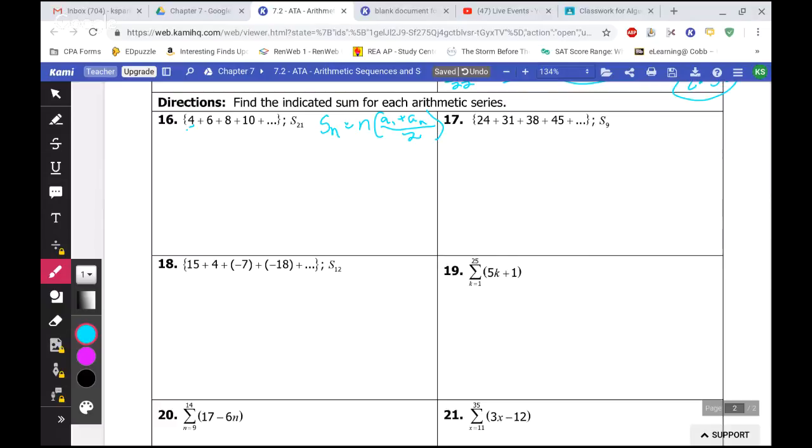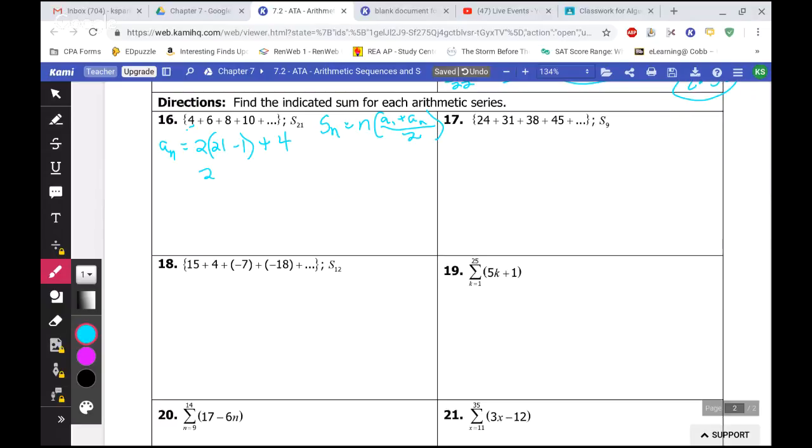So the first thing that we're going to do is we can see that it's going up by 2. So we've got a common difference. So actually, we can just find the value by plugging in that common difference like we did on the ones prior to that and just get the value of this 21st term.